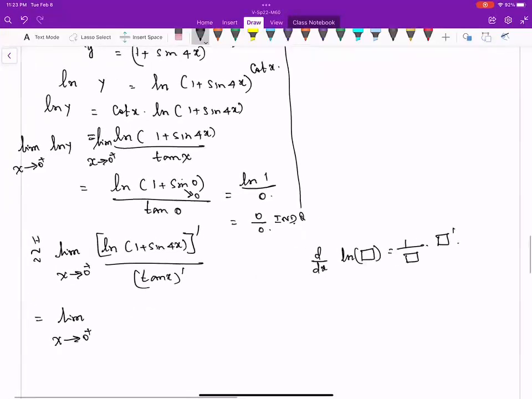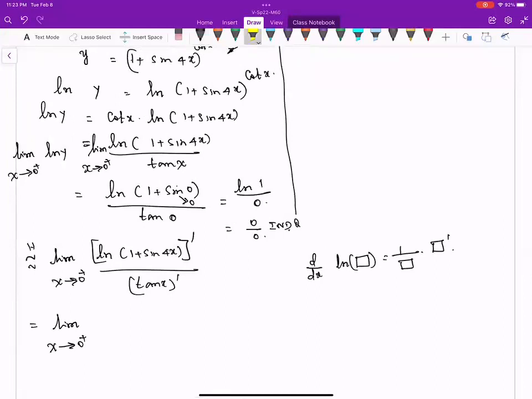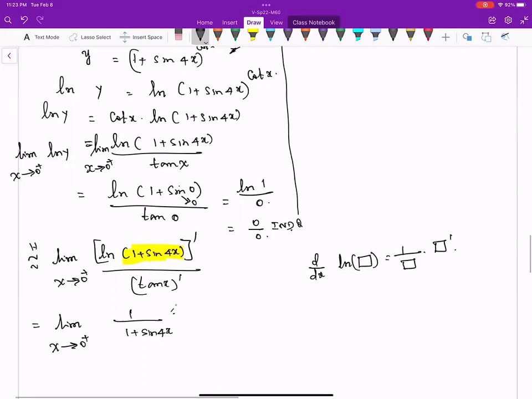So it is ln of a box here, so that box goes in the denominator. Then the derivative of the box, the derivative of 1 is 0. Maybe we want to write that. Divided by the derivative of tan x, which is secant square x.